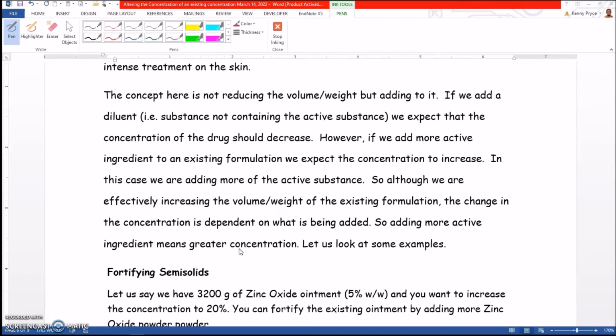So although we are effectively increasing the weight of the existing formulation, the change in the concentration is going to be dependent on what is being added. So if you're adding diluent, expect the concentration to be reduced. If you're adding active ingredient, you are going to expect that the concentration is going to increase.